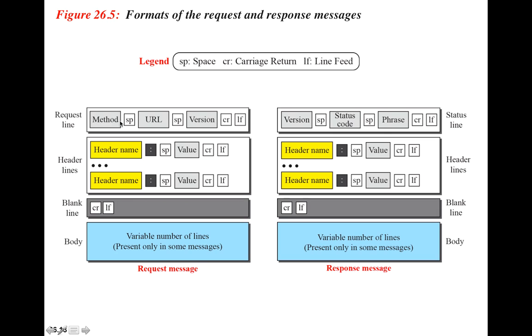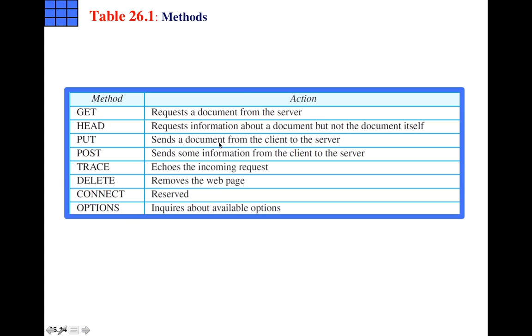Now in here we have the request line that will tell what we want. It begins with the method that will tell what specifically it is that we want to do. In this case, we could have GET, which means we are requesting a document from the server.